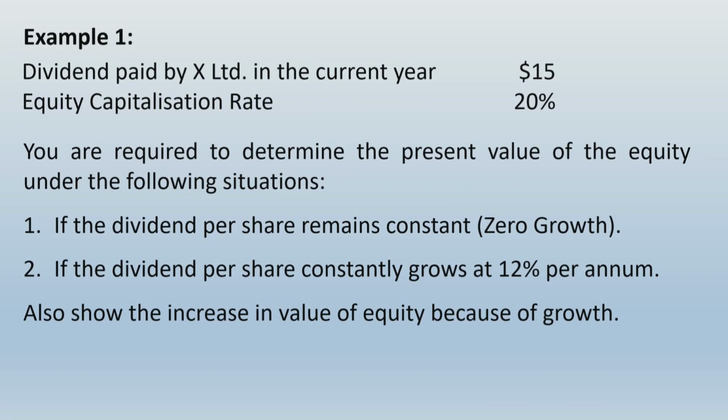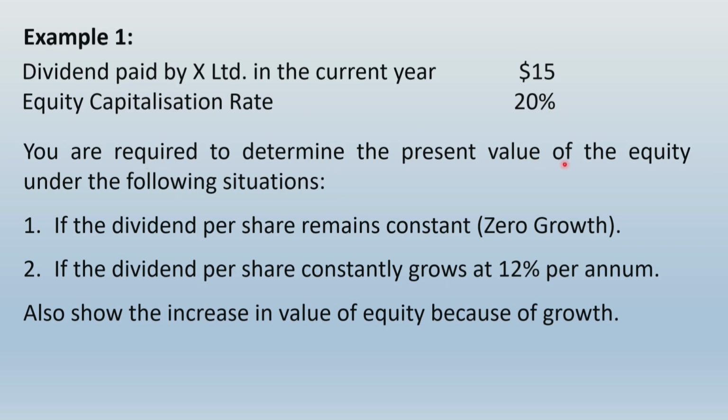The first example in this category says: dividend paid by X Limited in the current year is $15. So it is not D1, it is basically D0, correct? This is D0. Equity capitalization rate is 20%.